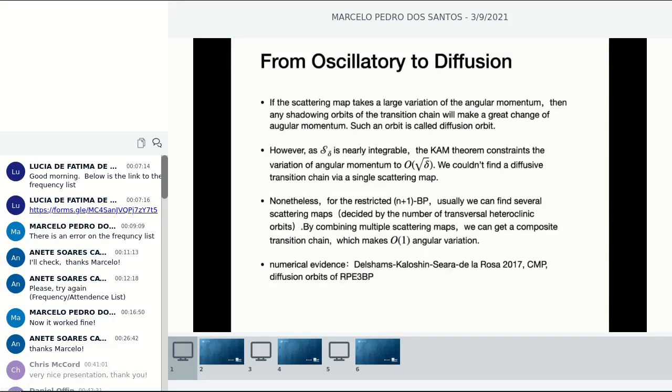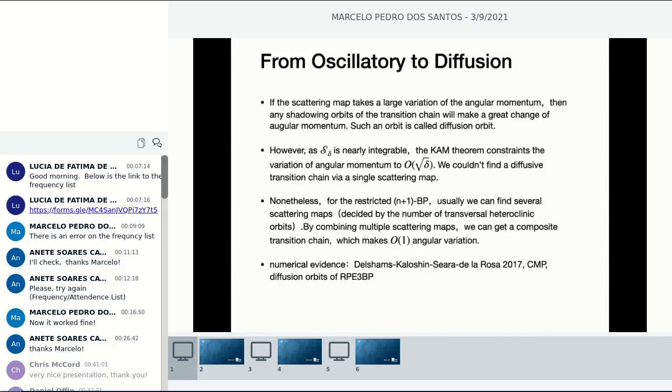So that indicates that by a single scattering map, we couldn't overcome this barrier to find such a transition chain making an O(1) large variation of the angular momentum.